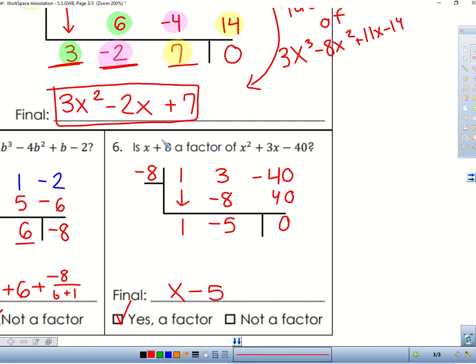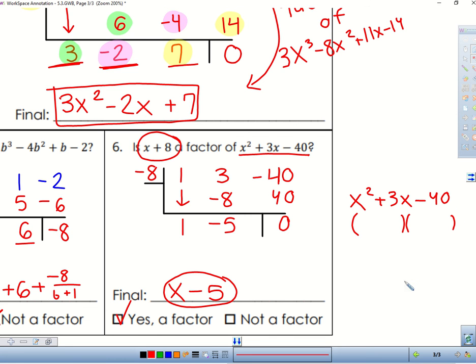So isn't it true that if we multiplied x plus 8 times x minus 5, that would give me this? Or if we just had factored this, what are factors of -40 that add up to +3?